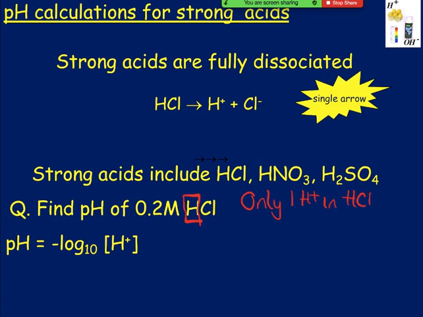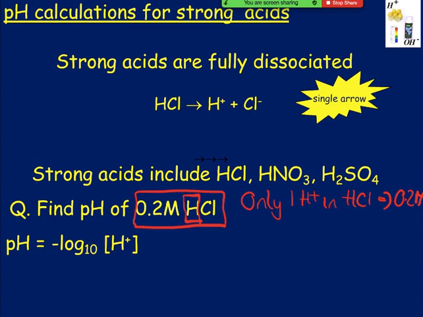So what is the concentration? 0.2. How'd you get that, Cam? It's given indirectly in the question. The question tells you have 0.2 molar of the solution, and because there's only one H plus, the ratio is 1 HCl to 1 H plus, so this is 0.2 molar.